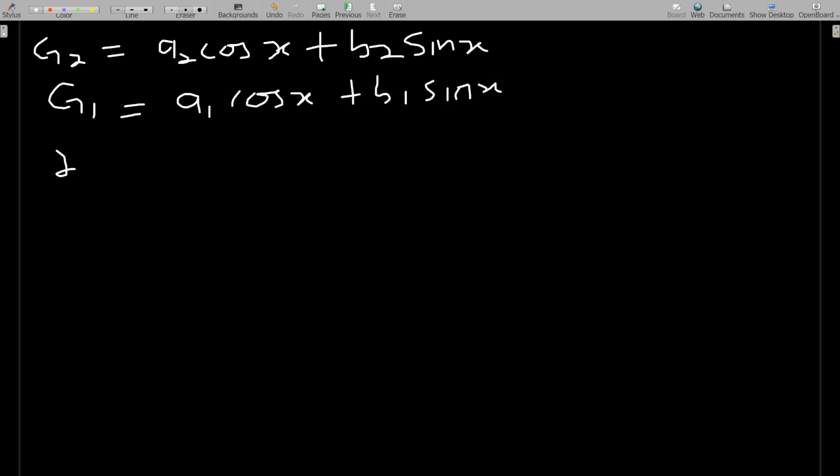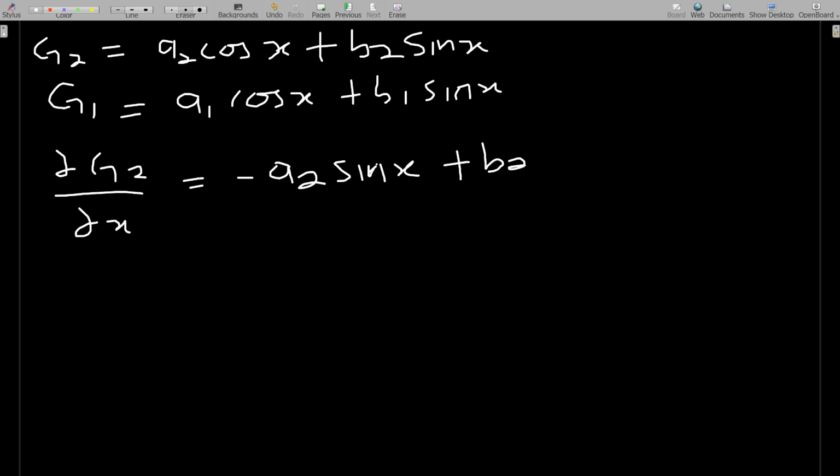So del g2 del x is simply equal to minus a2 sin x plus b2 cos x. I could substitute here, but let me just do it like this, because I don't want to simplify it too fast and then you don't understand. Let's go through it step by step.